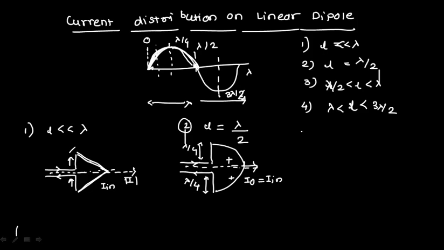The third case is where you assume that your length is greater than lambda by 2 but less than lambda. So your length is greater than lambda by 2, इससे बड़ा है, ठीक है, लेकिन वो इससे छोटा है. So if I take the condition where I have this kind of distribution, यहाँ से लेके यहाँ तक means ये वाला हाफ और ये वाला हाफ.